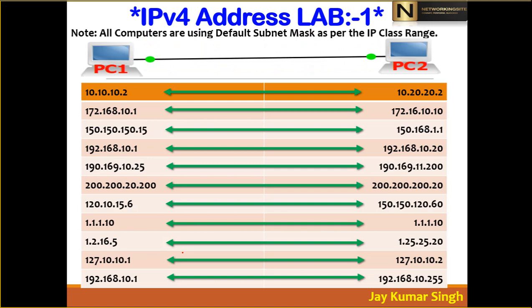Now, if I'm using PC1 and here is my PC2, and this is my IP address, and this is your IP address. Now tell me whether we will be able to communicate or not. This is the PC1 IP address, and this is the PC2 IP address.